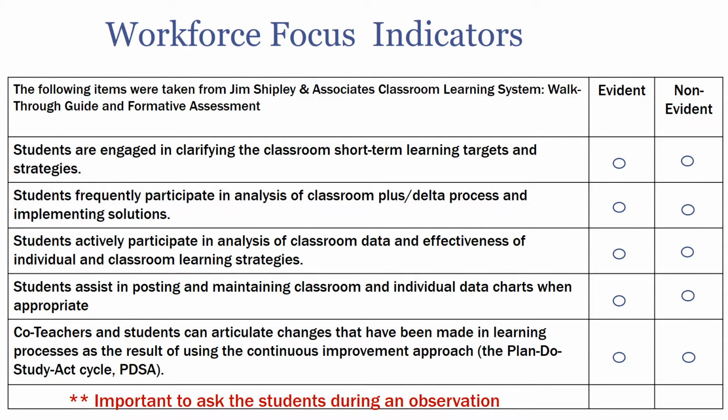The indicators within this section are all level 1 and should be part of any team. The co-teaching team should have all of these in place really early within the cycle, and evidence should be appearing within the classroom data wall. If you have any questions concerning these indicators, randomly ask a student during your observation to explain what each one means.